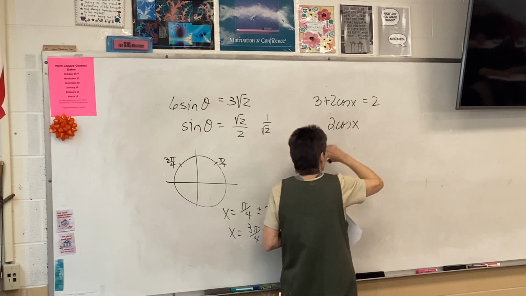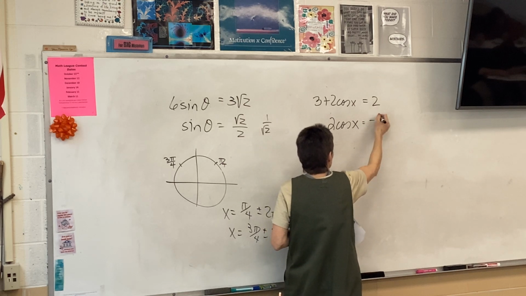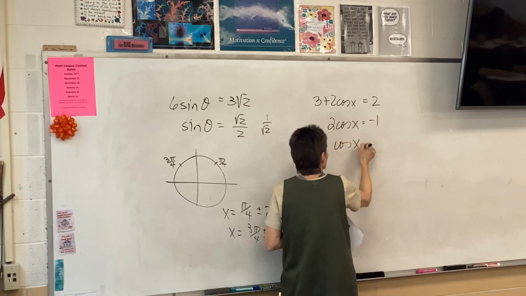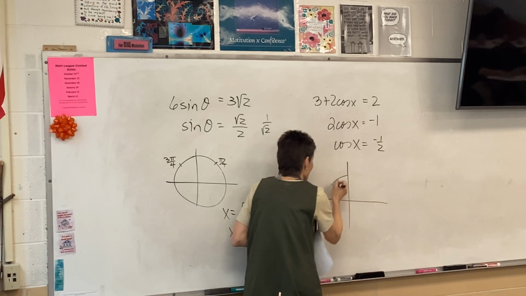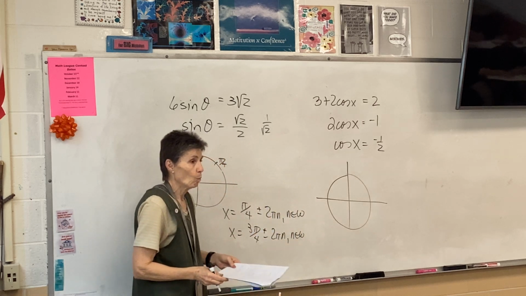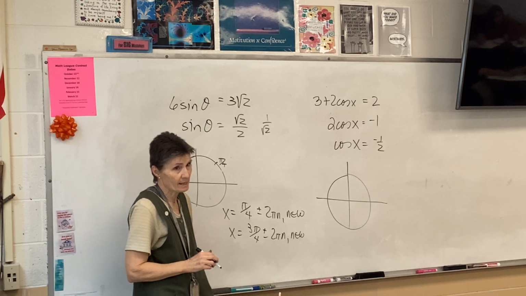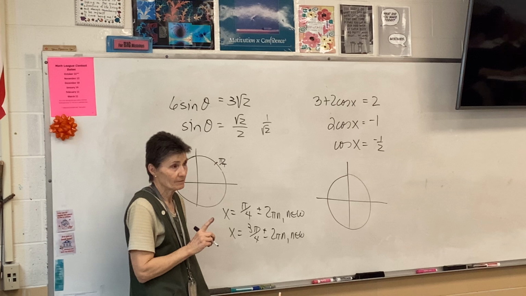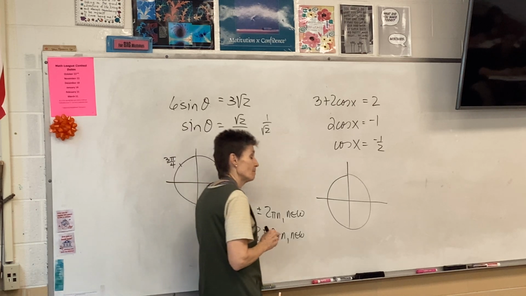Yeah, so I set them equal, so now I'm ready to solve this, so I will move the 3 over and then divide by 2. And then I'm going to think about my circle, and I need to know what angle has a cosine of negative 1/2.